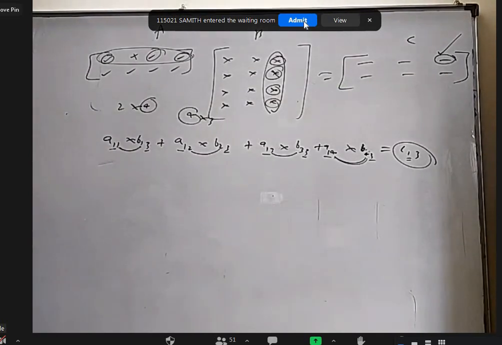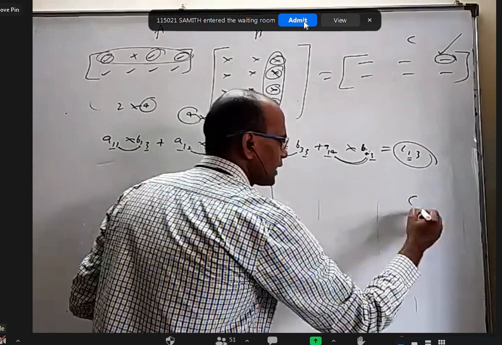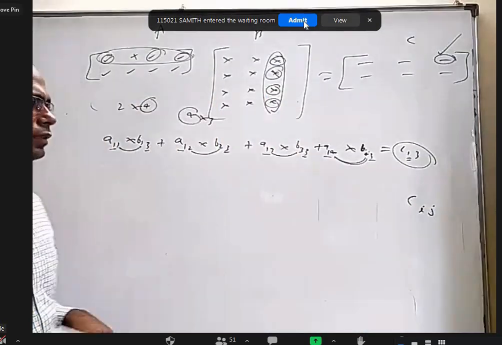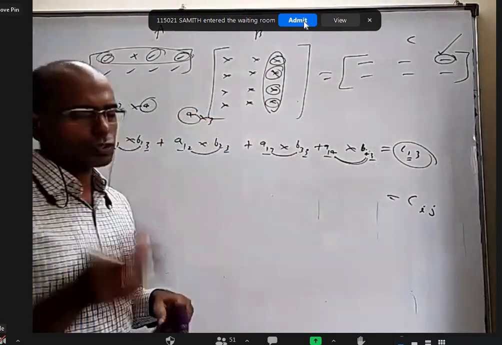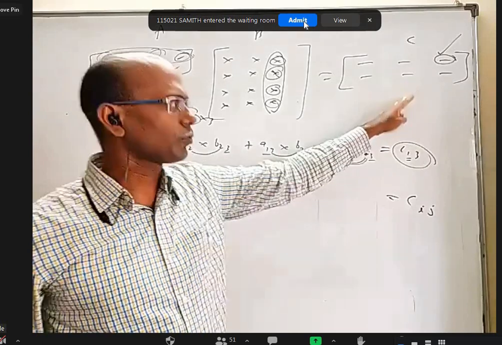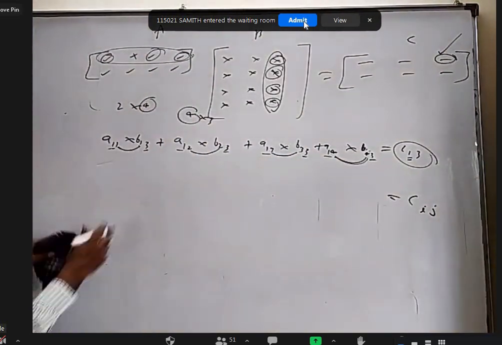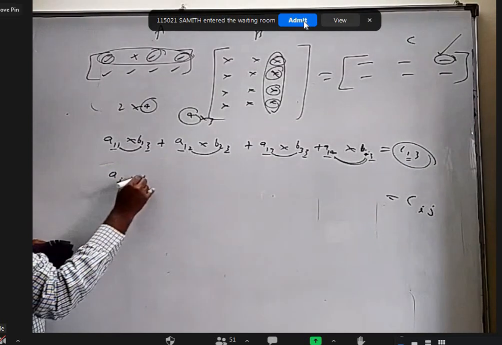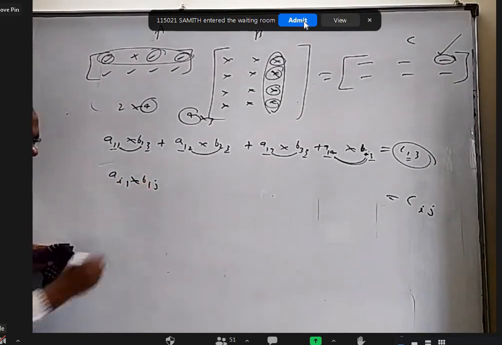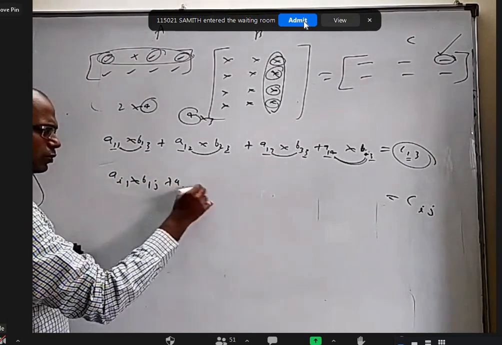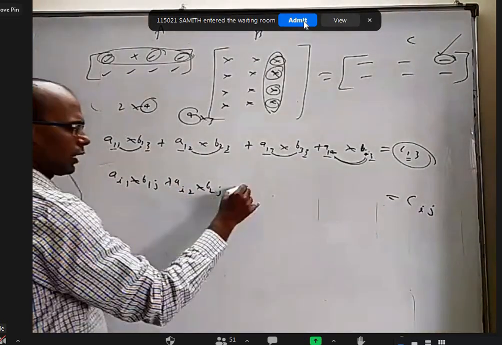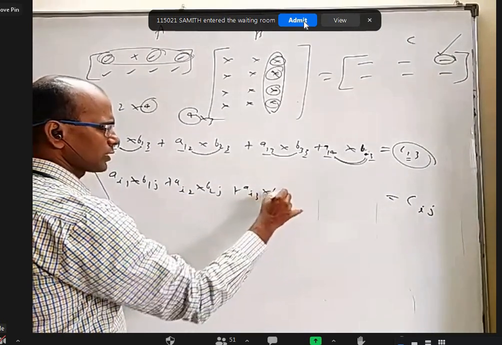Yes, sir. So now if I take this as Cij, the final ith row, jth column of C, if I want, I have to take ith row here, jth column here, multiply corresponding ones. So I have to take Ai1 into B1j. I have to take Ai2 into B2j. I have to take Ai3 into B3j.